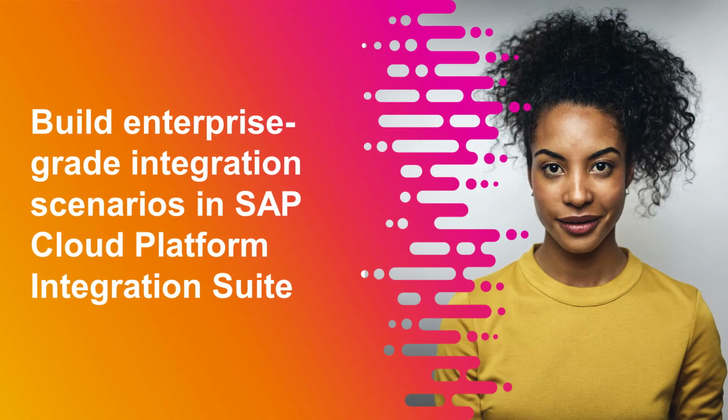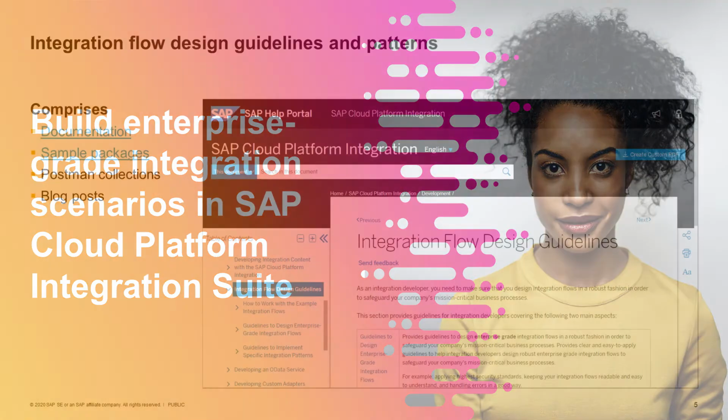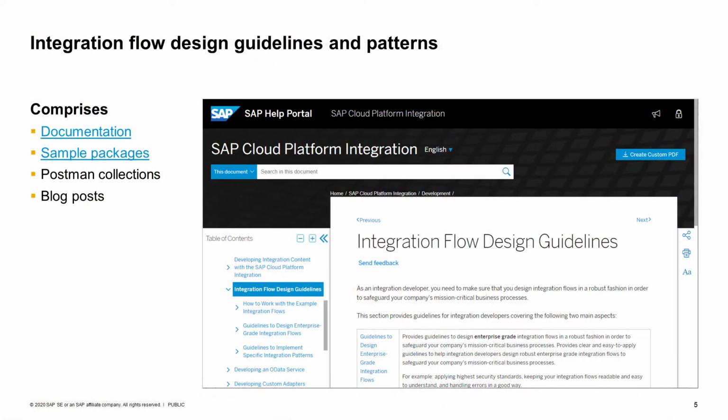In the following, I would like to show you what we have provided here. We have provided so-called integration flow design guidelines and patterns that help you to build enterprise-grade integration scenarios. At the beginning of this year, we shipped around 30 different guidelines.